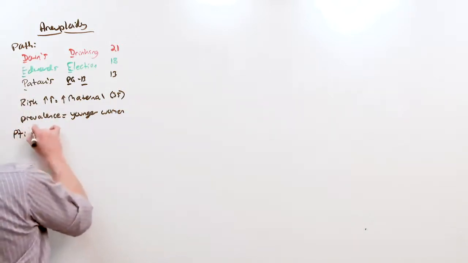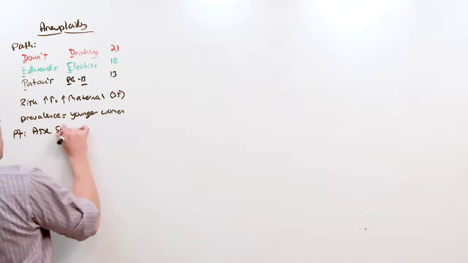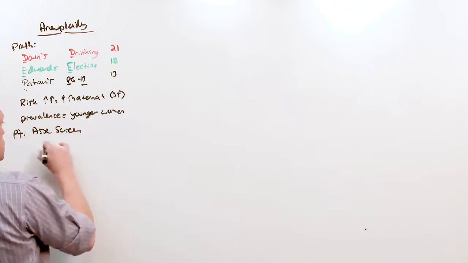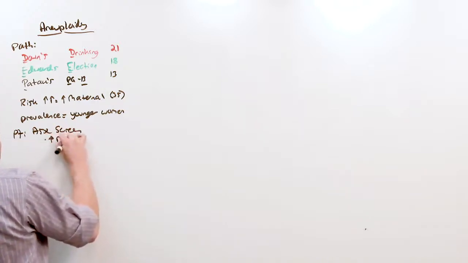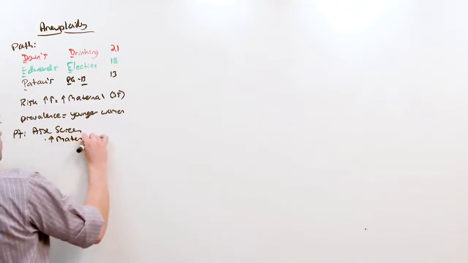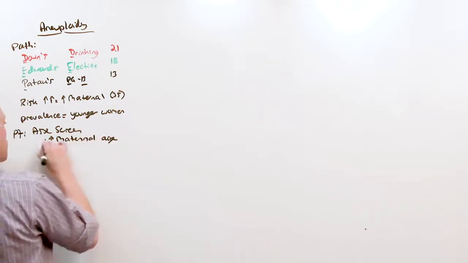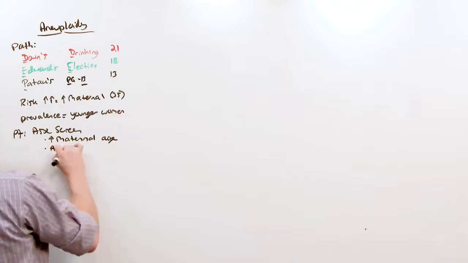The patient presentation is going to be an asymptomatic screen, but you're more likely to do this screen if she has increased maternal age or has had a previous pregnancy with aneuploidy.